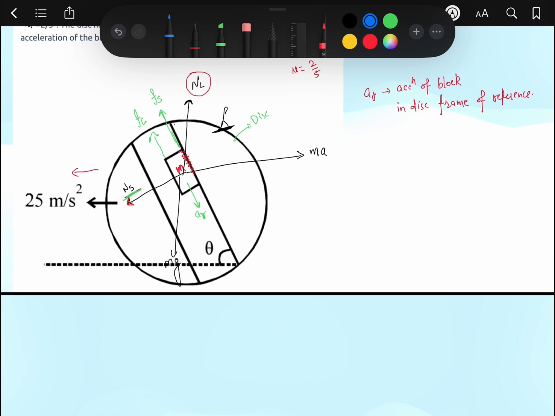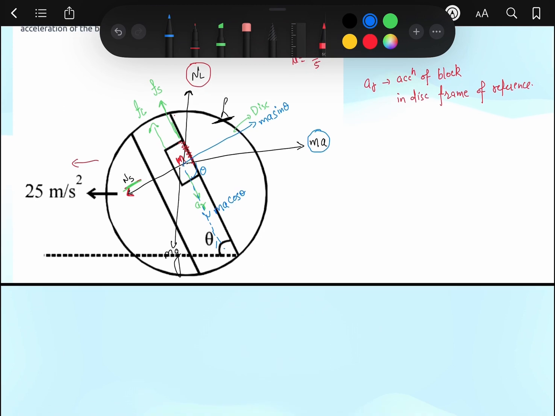Along this line of acceleration, if this angle is theta, then this angle will also be equal to theta. So if I take the component of this MA along this line, that component will be equal to MA cos theta. And the component perpendicular to this line of motion will be equal to MA sin theta.